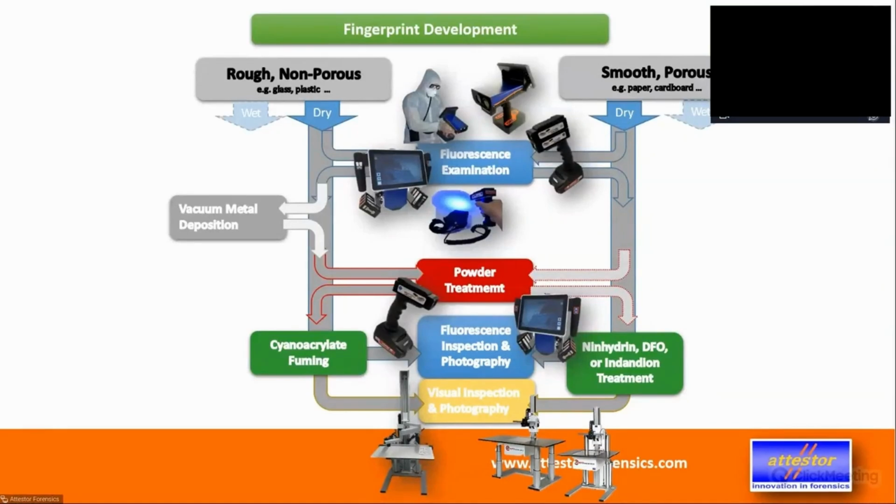But for the actual development of fingerprints, there is a rough differentiation here into smooth porous and rough non-porous systems. Obviously, fingerprint powder treatment would be available for both, although I would more see it on the non-porous systems, despite the fact that some of the textbooks say you can use it for both.